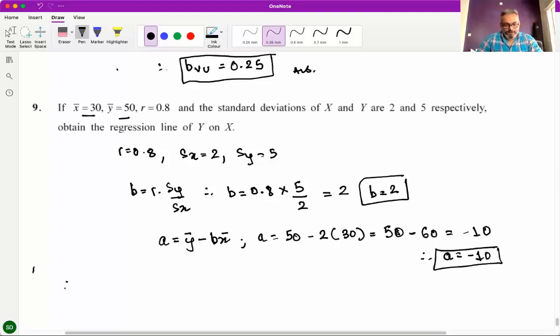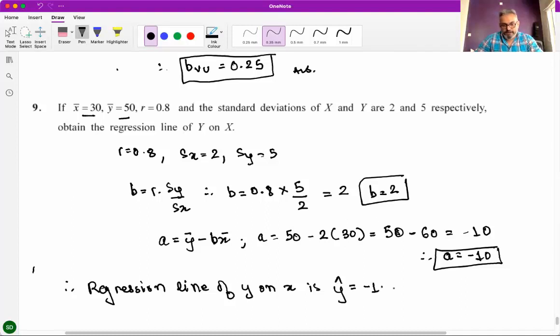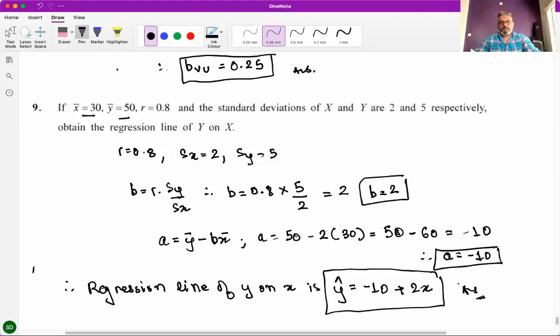So therefore, regression line of y on x is y cap is equal to minus 10 plus 2x. Answer.